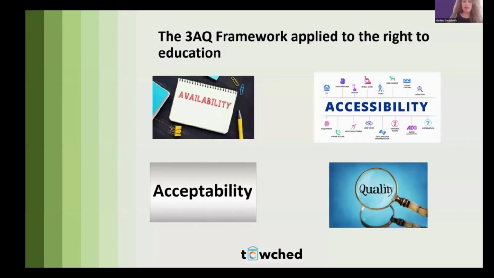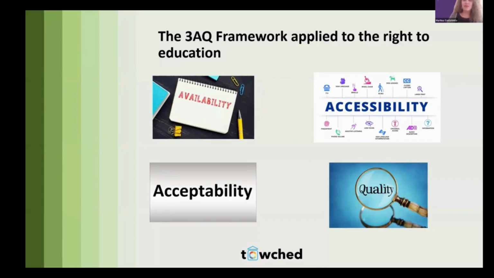This is something very important, and actually I will invite you to reflect on this aspect later as well. This is the triple AQ framework. This is a framework that was developed by the committee that monitors the implementation of the treaty, because this is a way in which the states are able to measure how well they are doing in guaranteeing the right to education.